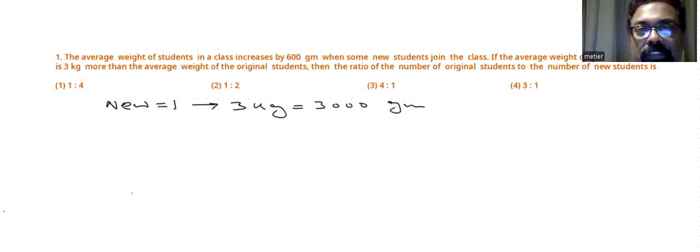Now, in our average class, we came to know that whenever some additional students contribute something extra in comparison with the existing average, in that case, the new average will be more than the original average. It happens here.